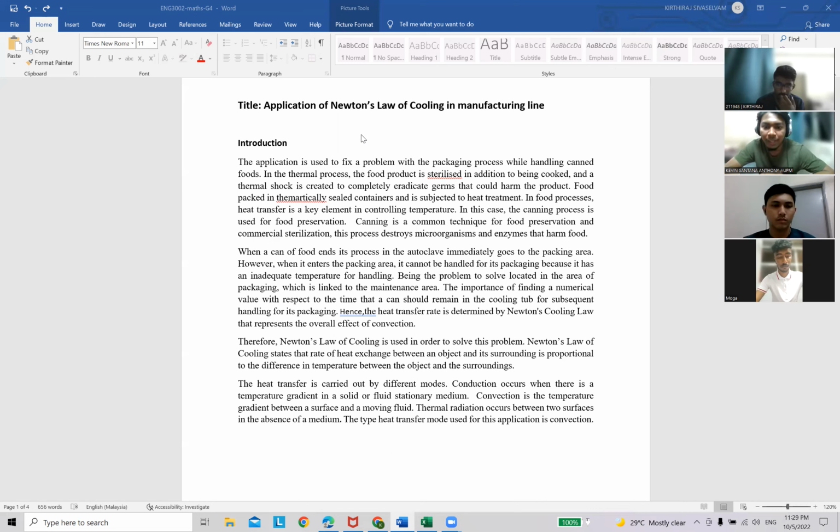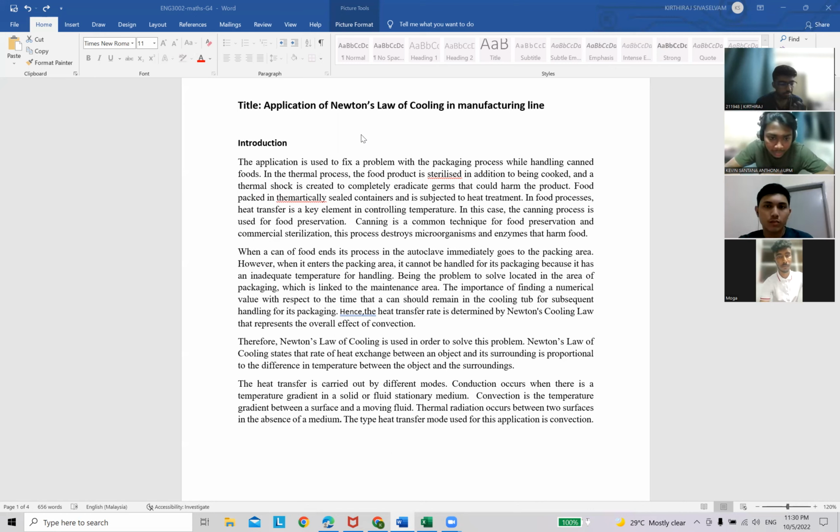The importance is finding a numerical value for the time that should remain in the cooling tub for subsequent handling for packaging. Hence, the heat transfer rate is determined by Newton's cooling law, which represents the overall effect of convection. Therefore, Newton's law of cooling is used in order to solve this problem.